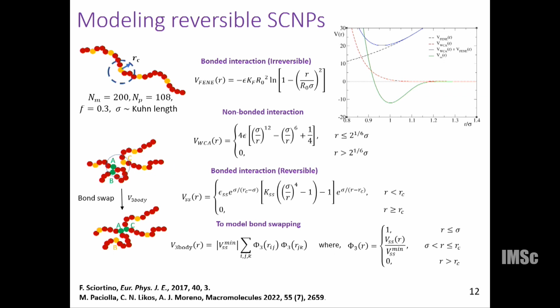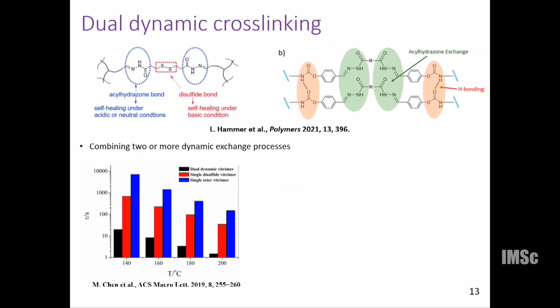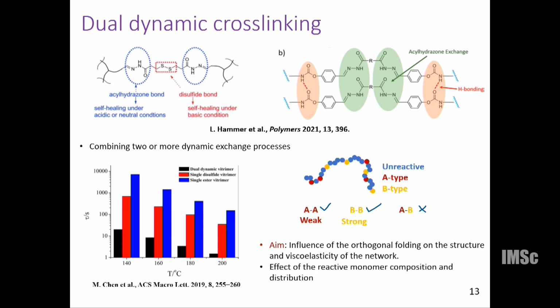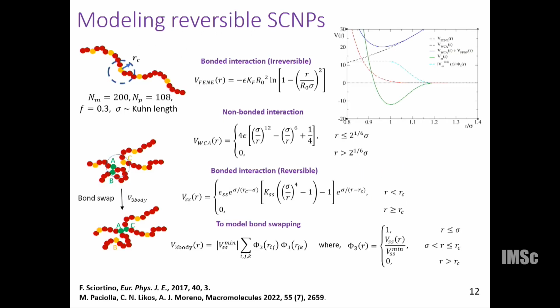For the parameters that we have taken, we have about 0.9 as the bonding probability. So almost all bonds are formed in our system. I have not explained this fraction here, F. F is the fraction of reactive monomers. We have about 200 bead monomers in the chain, and about 60 of them are reactive.